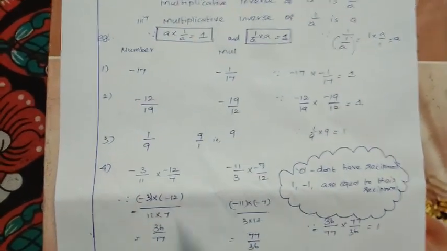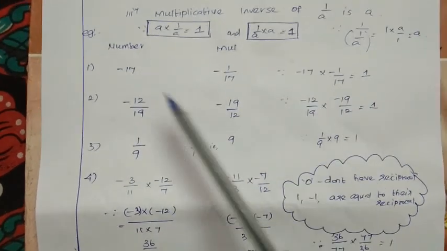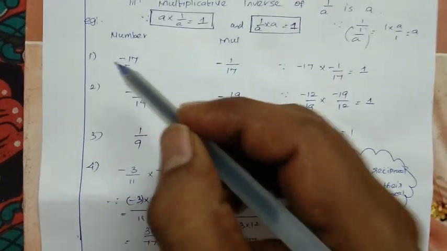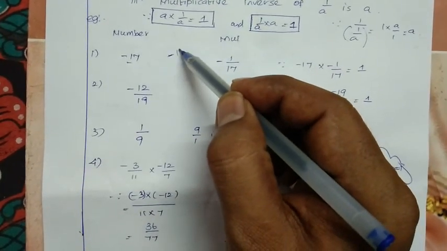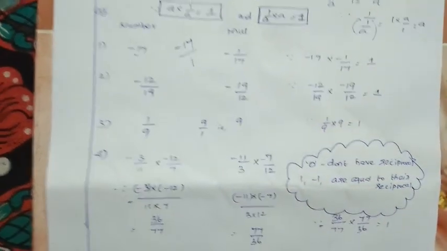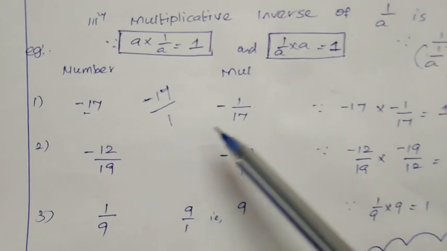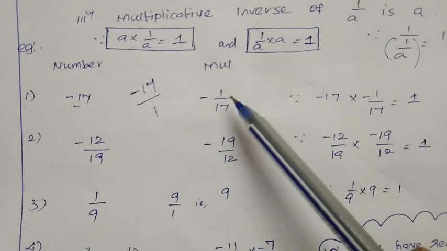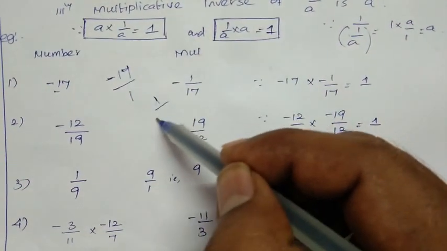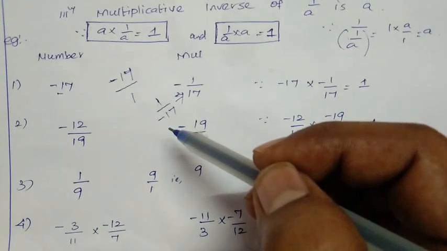For example, the reciprocal of minus 17. Any number we can write as number divided by 1, so minus 17 as minus 17 by 1. The reciprocal of this is 1 by minus 17. Now the standard form is minus 1 by 17.